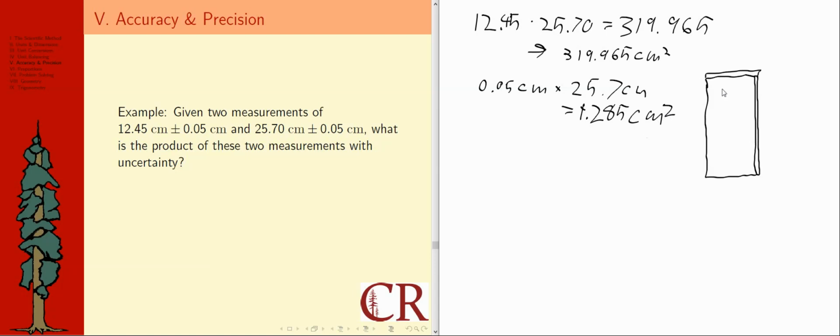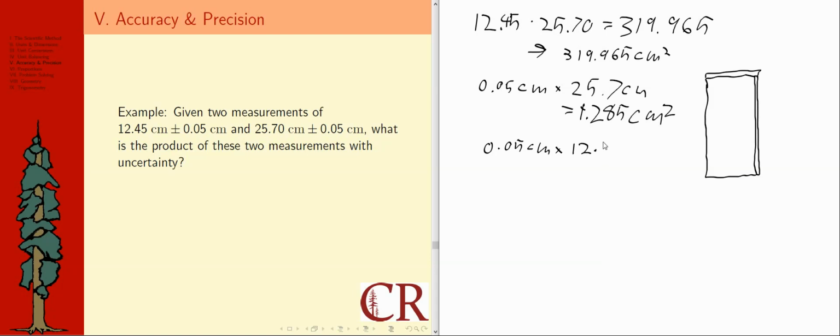Added to the 25.7, that would then be an added area multiplied by this length here, which was the shorter 12.45. So in other words, I think what I'm describing there is an added area of up to 0.05 centimeters, because that's the error, multiplied by the other side's length, because that's the impact that that error would have on the overall area of this rectangle here.